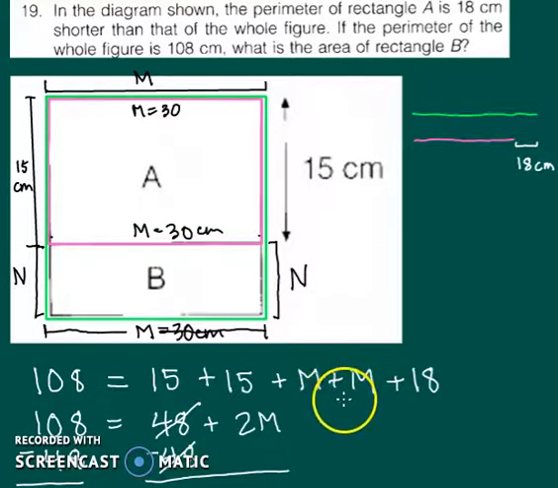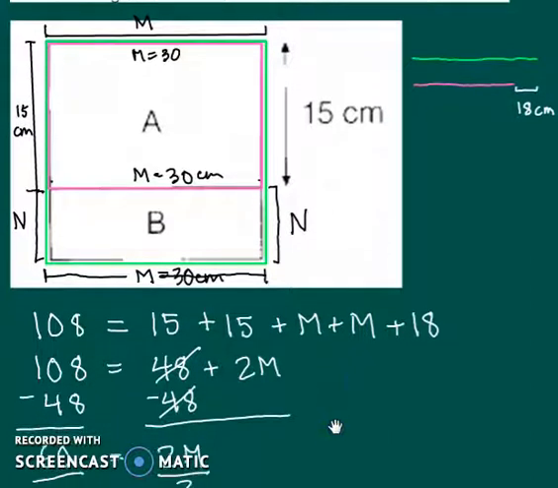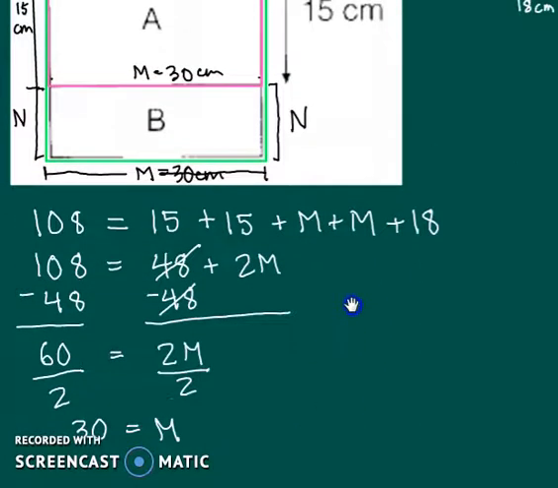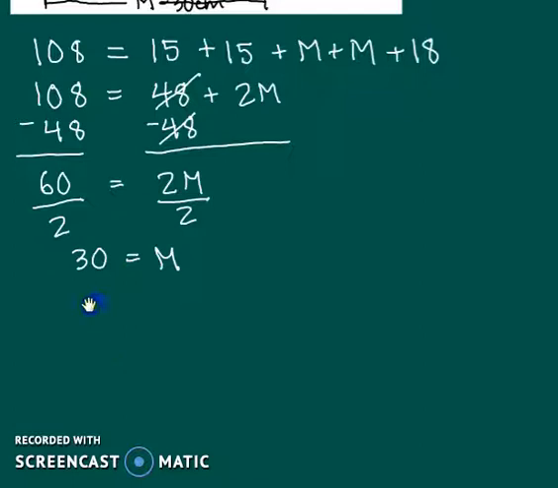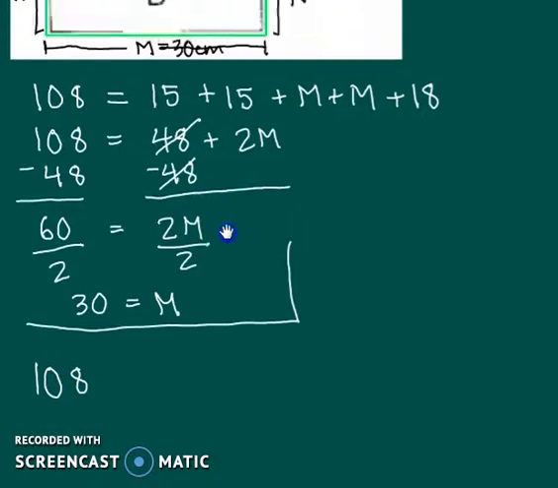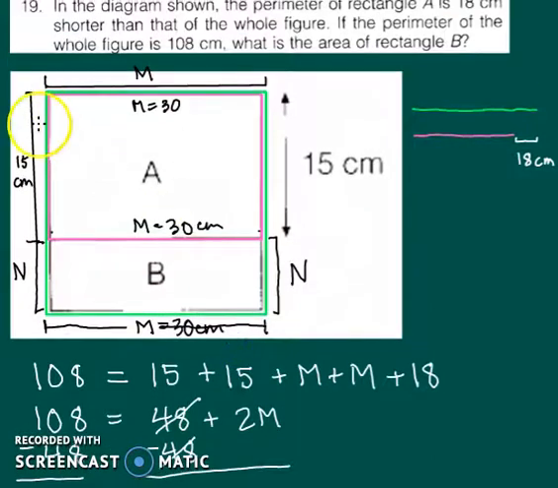So what can I do next? I know that the perimeter of the entire figure, so A plus B, is 108 centimeters. Let's just make sure we know what we're doing. This whole green string goes all the way around.